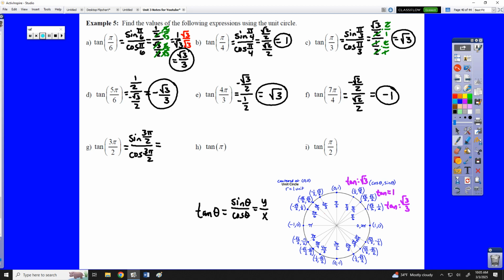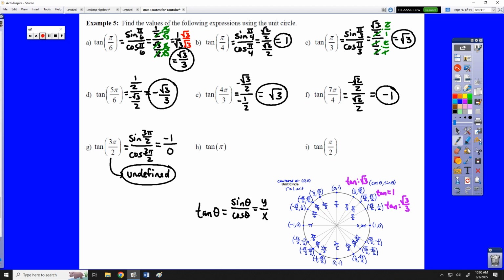Well, if we look at that point on the negative y-axis there, that is the point 0, negative 1, which means we would be doing negative 1 divided by 0. We are not allowed to do that. That is undefined.